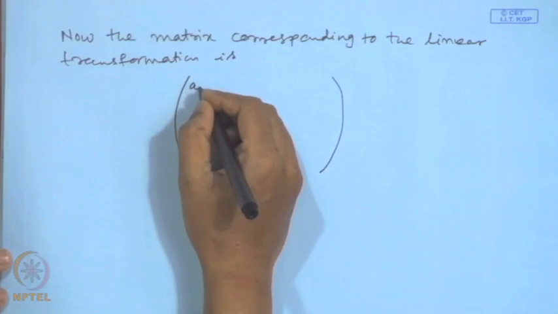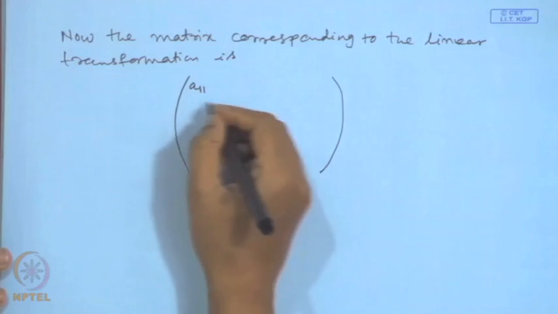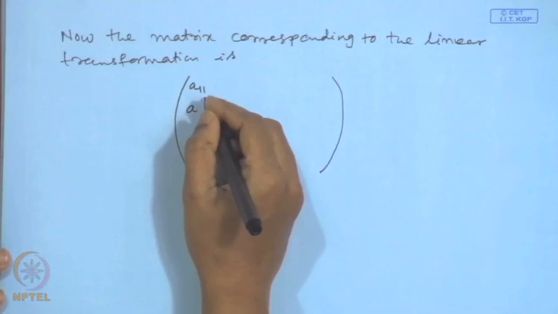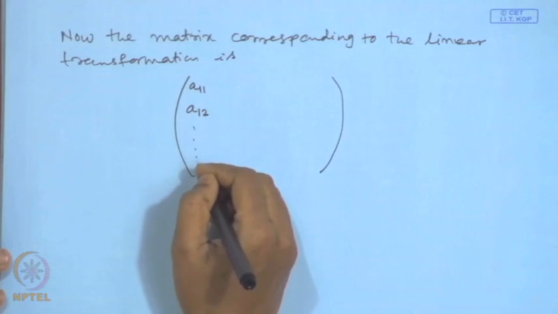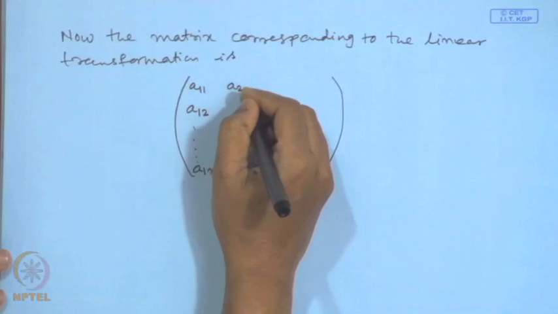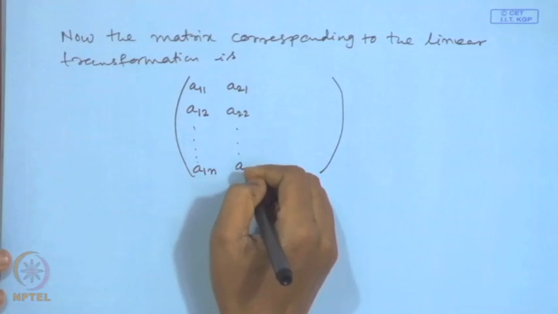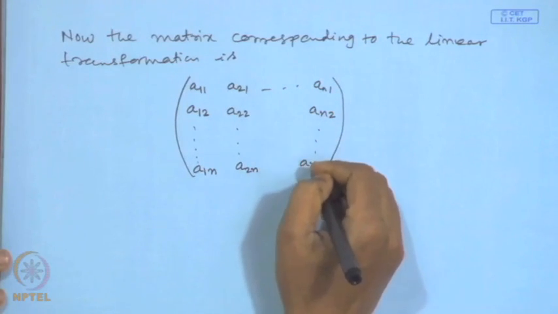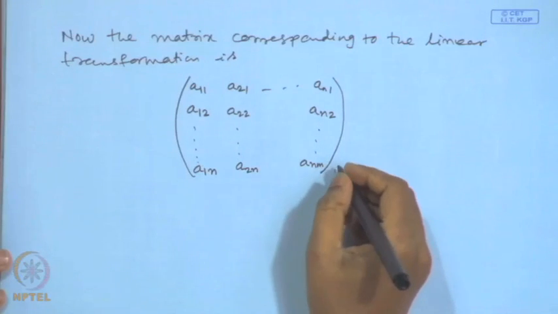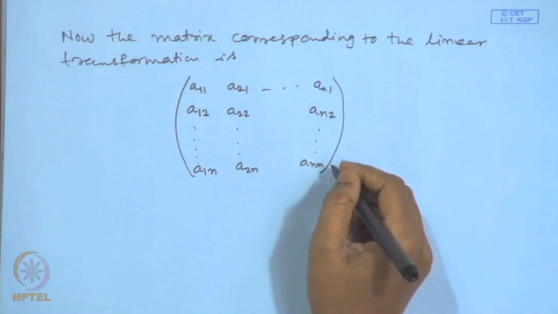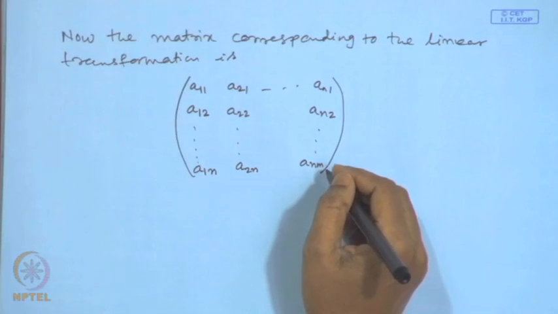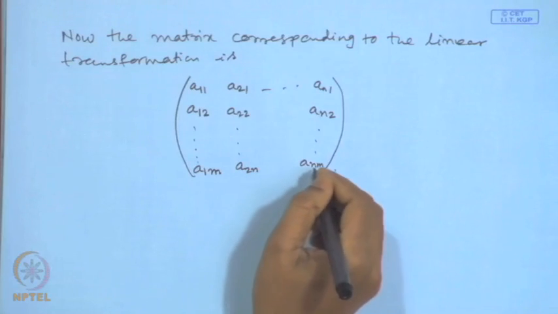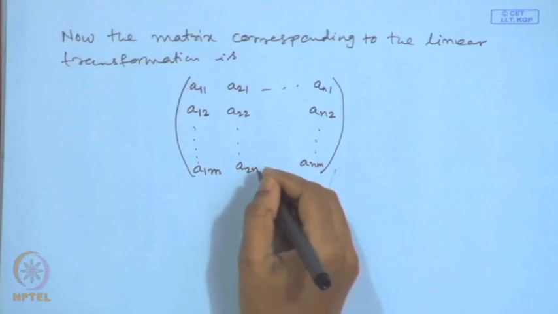Here we consider the coefficients of the first linear combination as the first column: A11, A12, up to A1m, then A21, A22, up to A2m, and like this An1, An2, up to Anm.